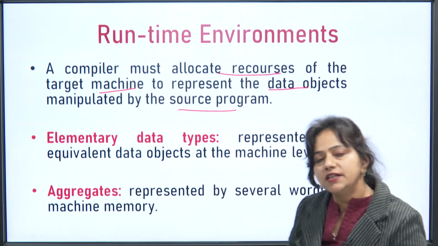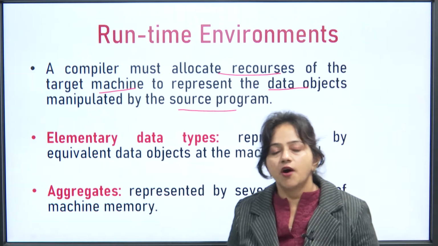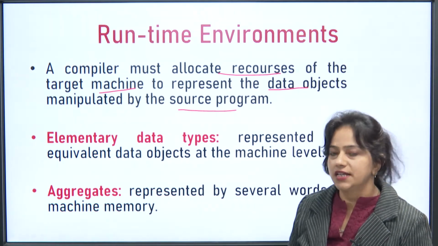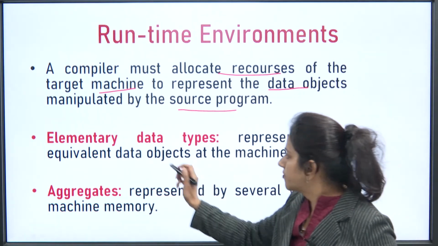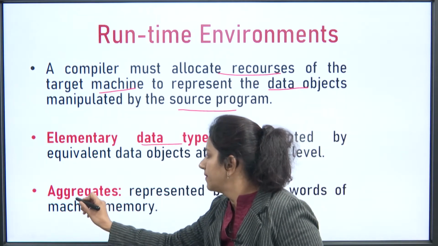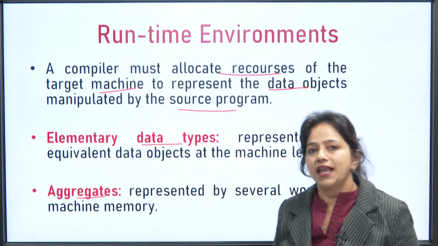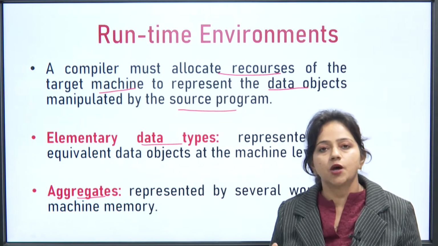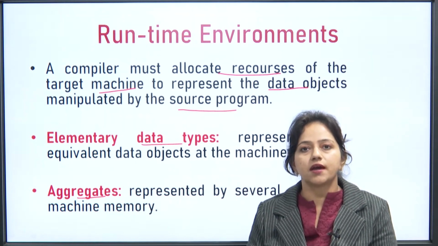So, the compiler needs to allocate resources for various data objects. Data objects can have elementary data types, or they could be aggregates. Elementary data types mean data objects like integer, float, character.